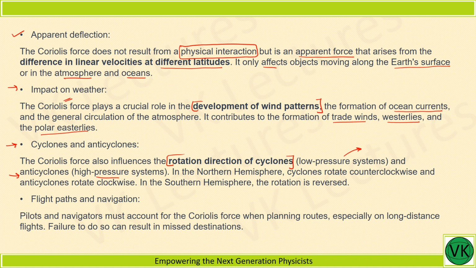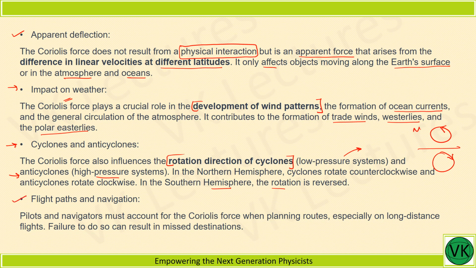In the northern hemisphere, the cyclones rotate in a counter-clockwise direction, because it is moving towards its right. Now in the southern hemisphere, it is moving towards its left, in the clockwise direction. So in the southern hemisphere the rotation is reversed, that is the clockwise direction.